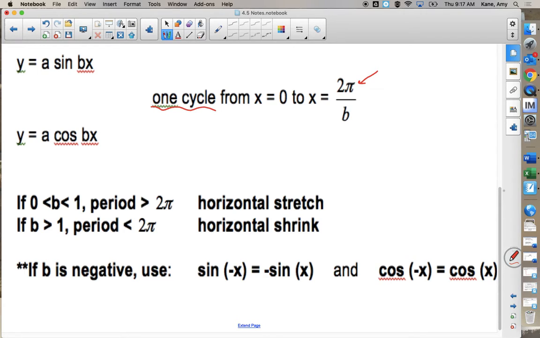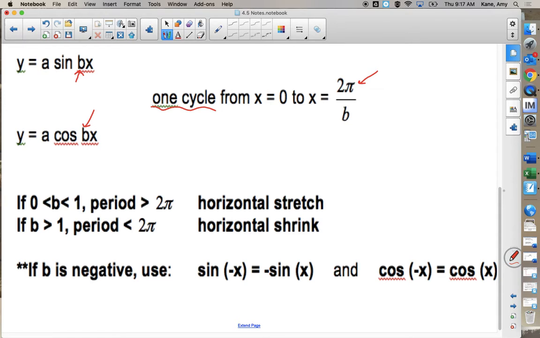Or if we're dividing by a half, that distance might stretch. Because when you divide by a fraction, you end up multiplying by the reciprocal, and the number actually gets bigger. So always starting at 0, because the unit circle starts at 0, but the end of it might change based off of the value that we're multiplying by, that b value.